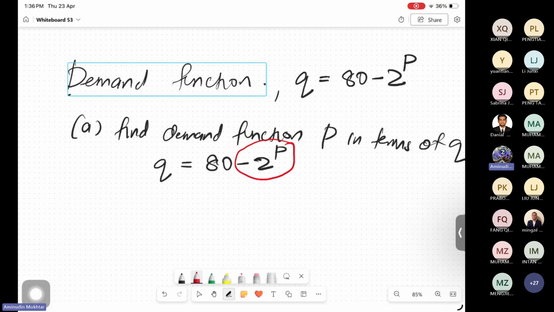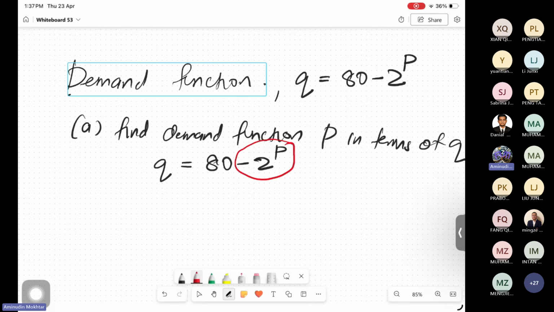We just rearrange the equation. All the terms with P we put on the left, and the rest we put on the right-hand side of the equation.